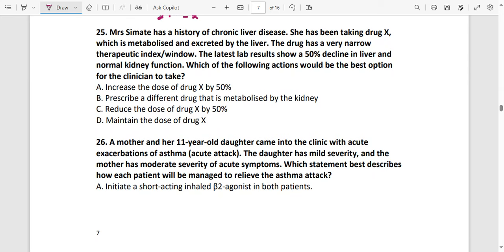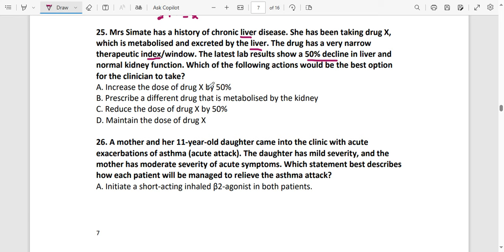Mrs. Mate has a history of chronic liver disease. Take note, that is the liver disease. She has been taking drug X, which is metabolized and excreted in the liver. The drug has a very narrow therapeutic index, meaning it is dangerous. The lab results show a 50% decline in liver function and normal kidney function. Which of the following actions would be the best option for the clinician to take?